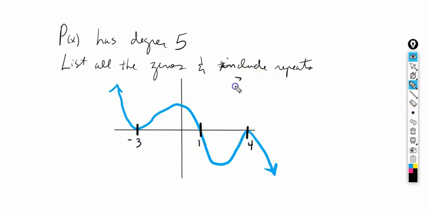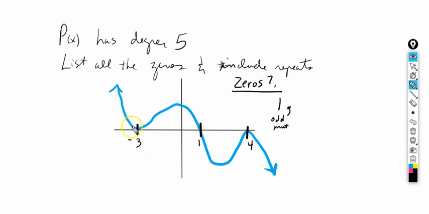Okay, so what are the zeros? Well, we can see that 1 is a 0 and it crosses through, so it will have odd multiplicity. So it's either repeated once or it's repeated 3 times. Right now I'm just going to have it repeated once.